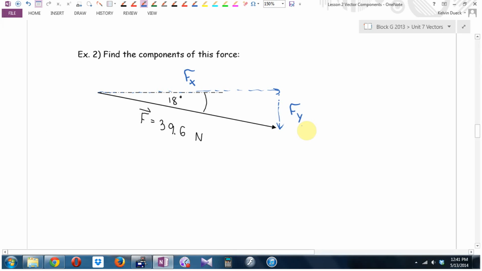What do you want to find first? Fx, horizontal, or Fy, vertical? Doesn't matter. Fy, Darian says. So Fy, opposite, adjacent, or hypotenuse? And that 39.6, which trig function?